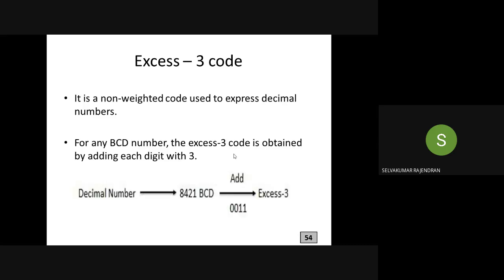So this is the example. If a decimal number is given, it should first be converted into a BCD representation. Then you add the value 3, that is 0011, and you will get XS3.